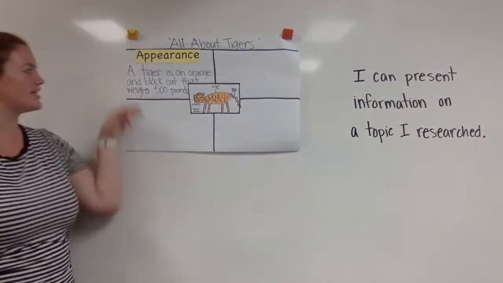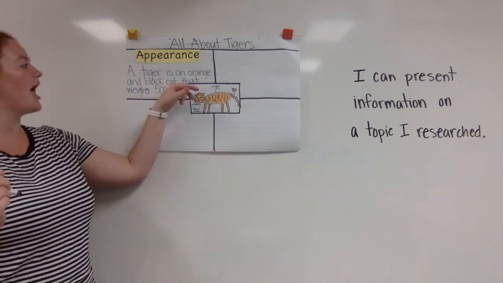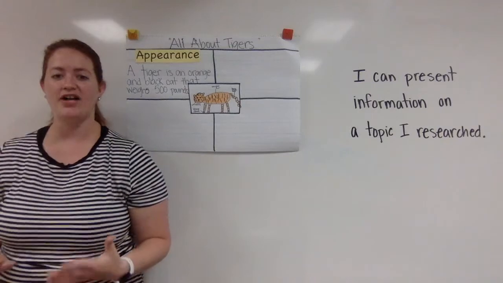Okay, so there's my first sentence. A tiger is an orange and black cat that weighs 500 pounds.